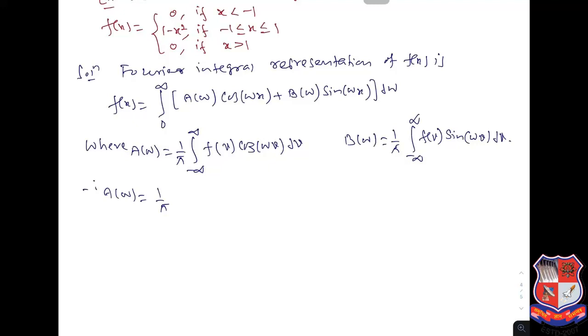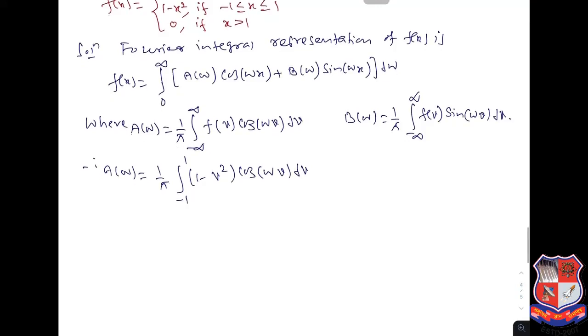Now see that f(x) is defined in minus 1 to 1 only, rest of the place is 0. So this is only in minus 1 to 1, 1 minus x square. So we write minus 1 to 1, 1 minus v square cosine omega v dv.